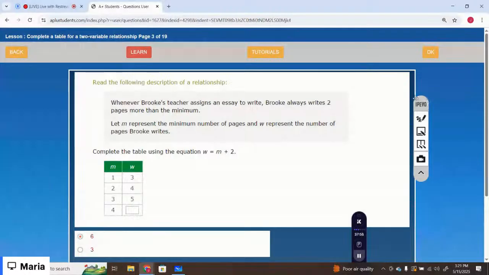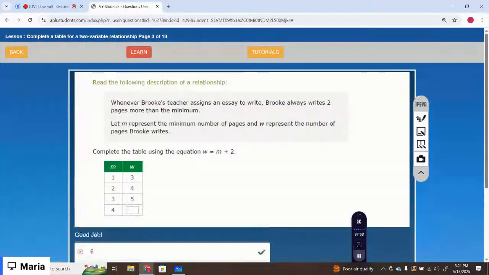That is 6. Option number 1 is the correct option. 4 plus 2 is 6.